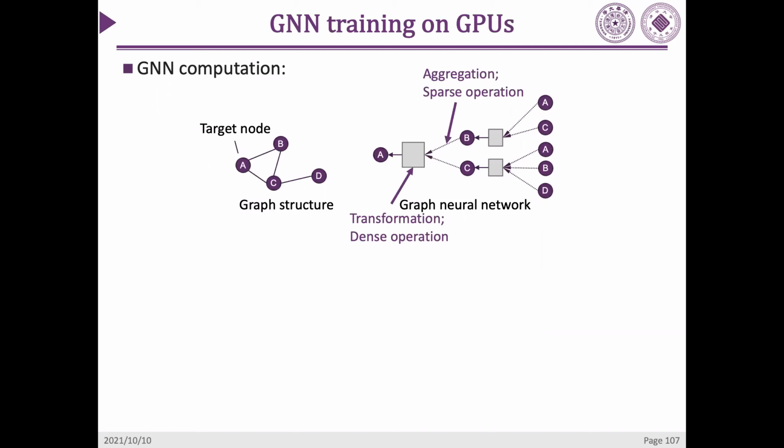In GNN computing, the aggregation step is a very, very sparse operation, because the node degrees are usually far smaller than the number of nodes. In other words, the adjacency matrix is very sparse. But the transformation step is a dense operation, because the weight matrix and the embeddings after aggregation are dense.